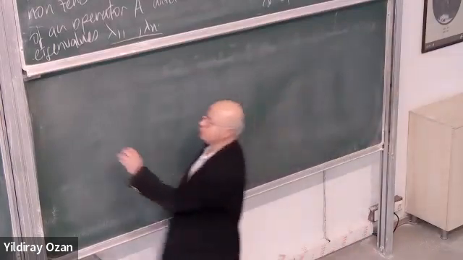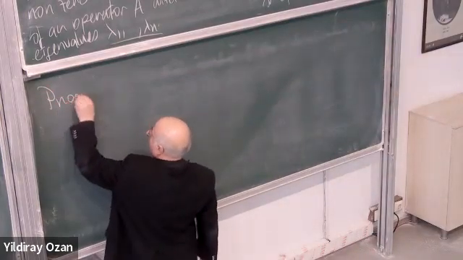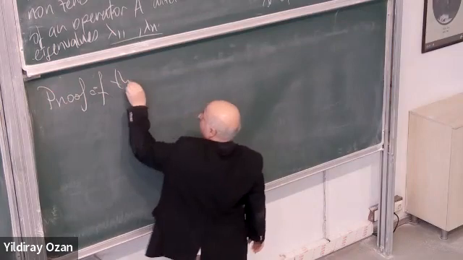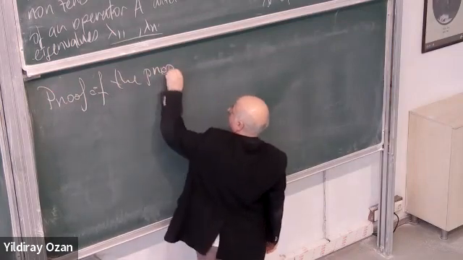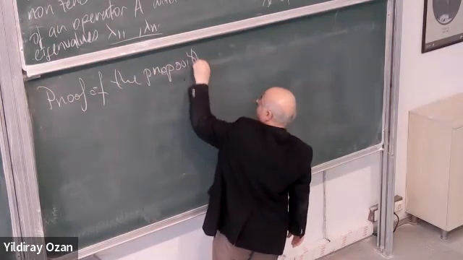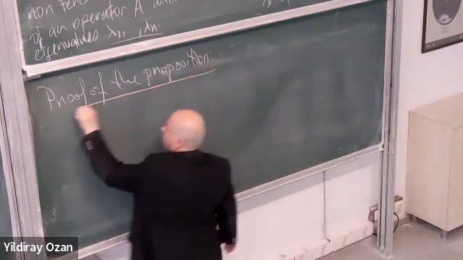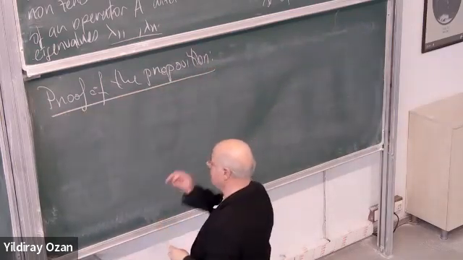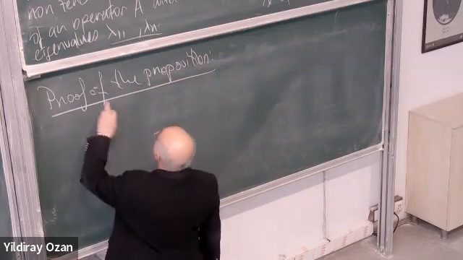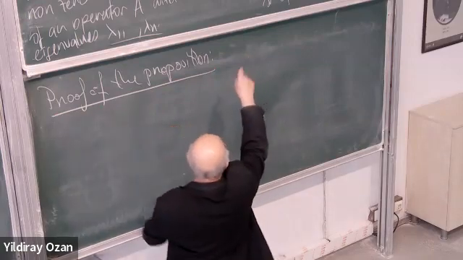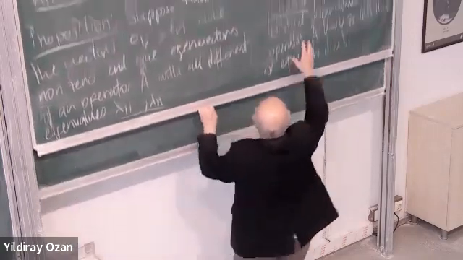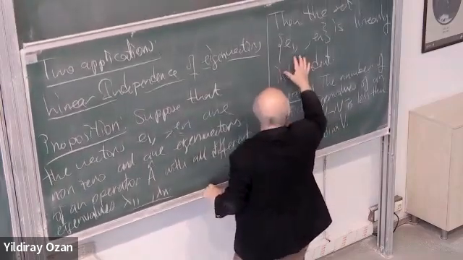Proof of the proposition. All right. So we claim that this set is linearly independent.